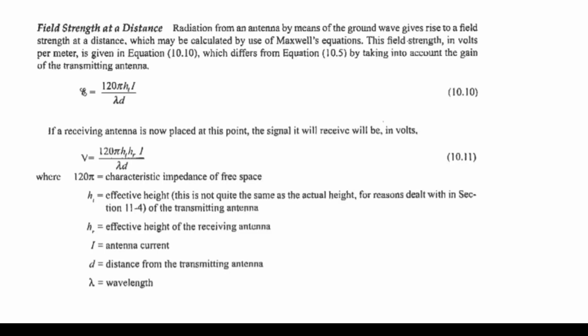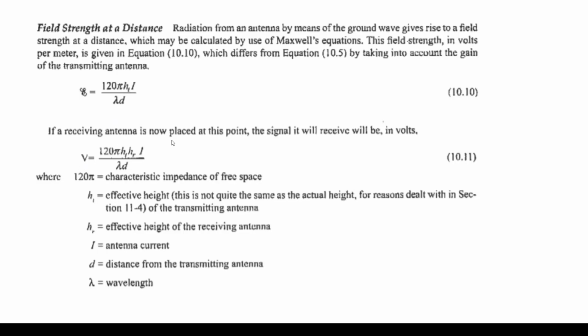And these are some technical terms about the ground wave propagation. The first one is field strength at a distance. Radiation from an antenna by means of the ground wave gives rise to a field strength at a distance, which may be calculated by use of Maxwell's equation. And this is the formula. The field strength at a distance is 120 pi h_t I_L upon lambda d.